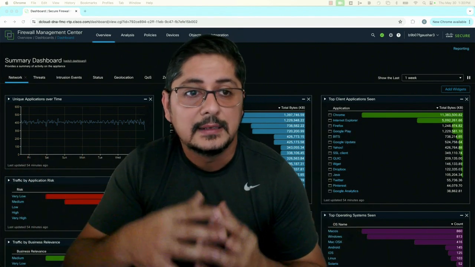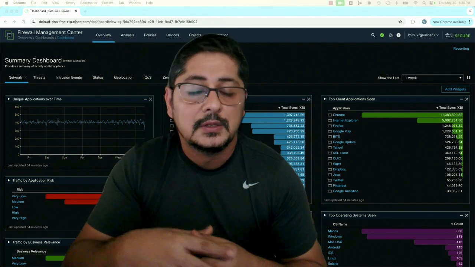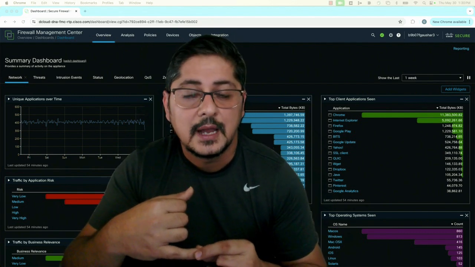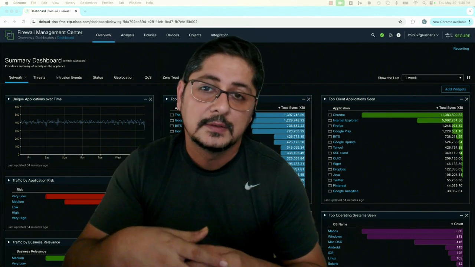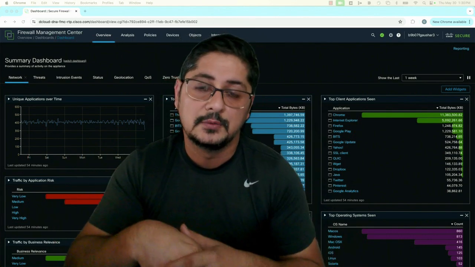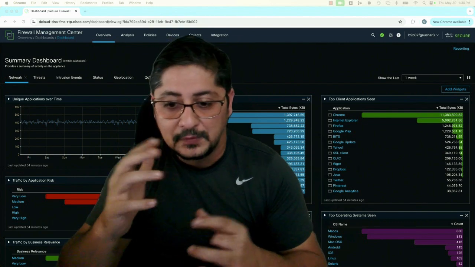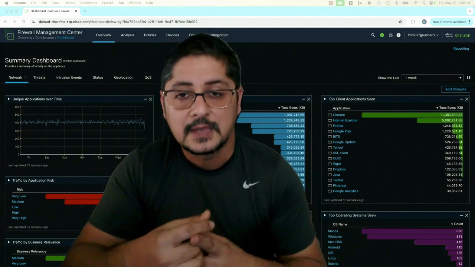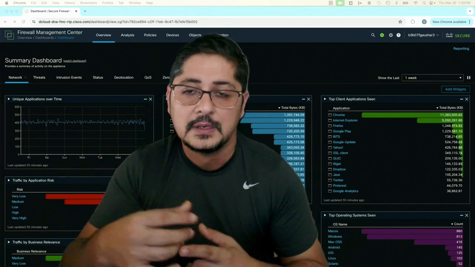Along with that, in the next gen firewall itself, you have IPS and IDS built into it, right? So you don't have to go and buy separate products to do your next gen firewall thing. It's just one firewall, one solution that provides you with IPS capabilities, IDS capabilities.